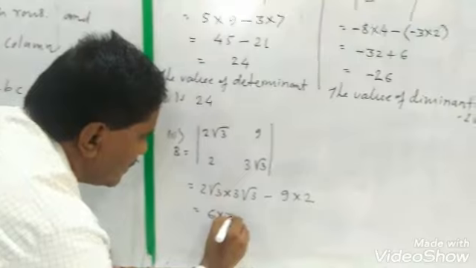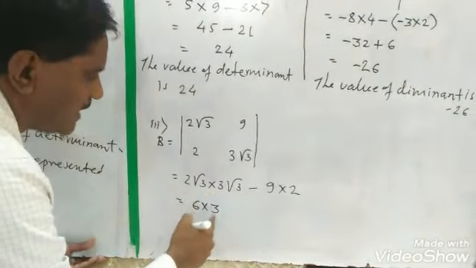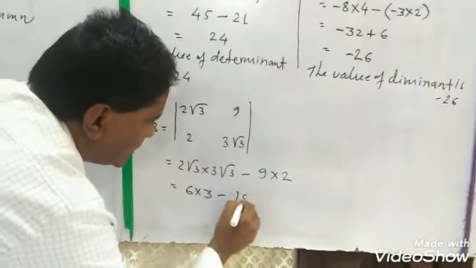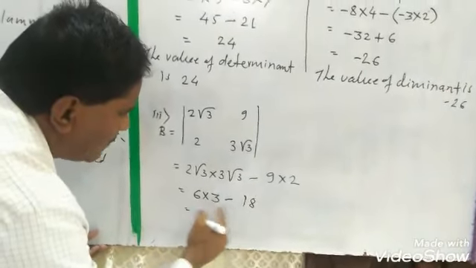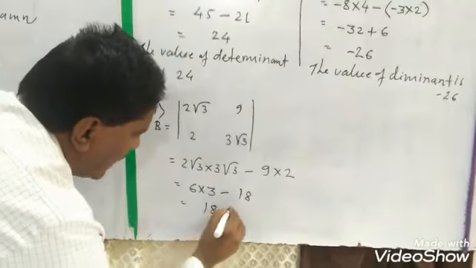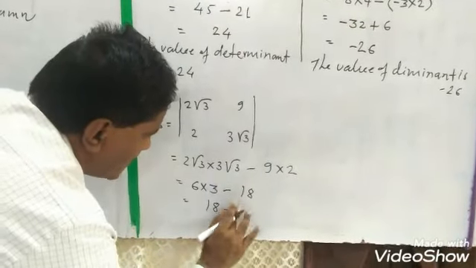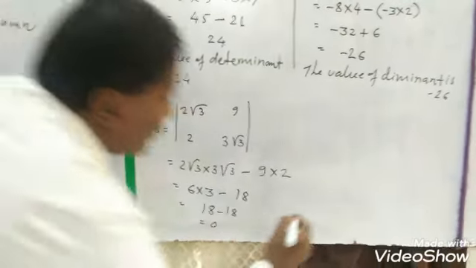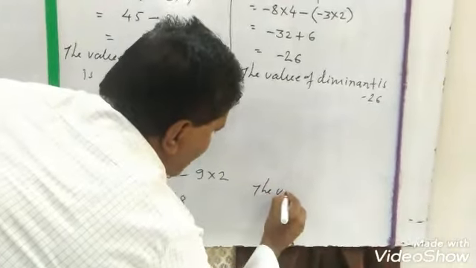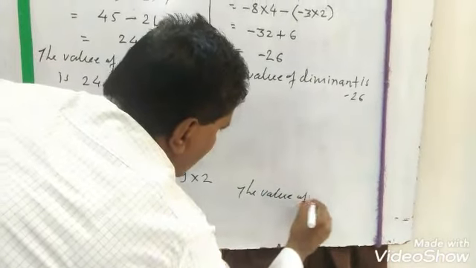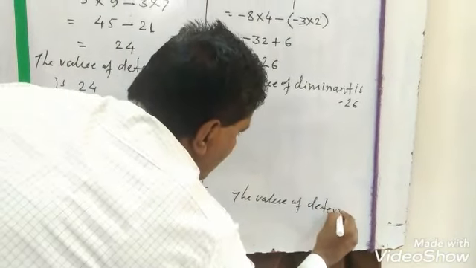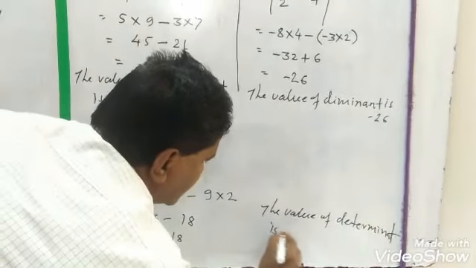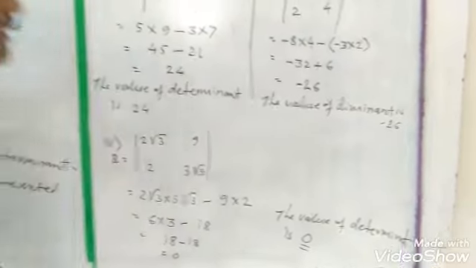So 6 multiplied by 3 is 18, minus 9 multiplied by 2, that is 18, minus 18 is equal to 0. The value of determinant is 0.